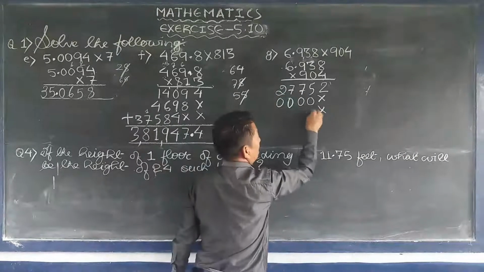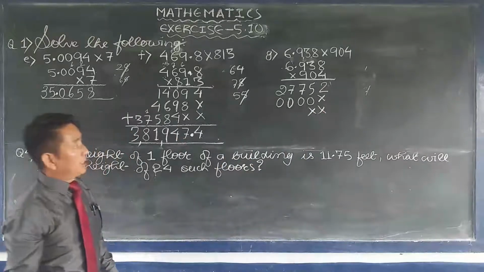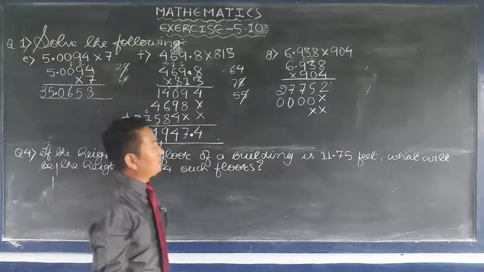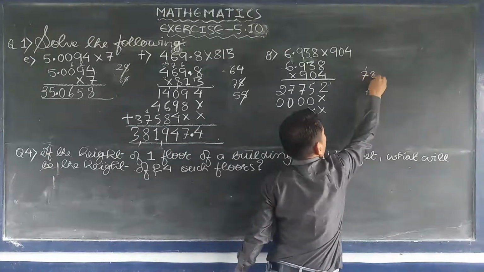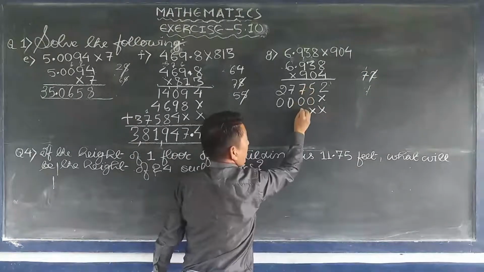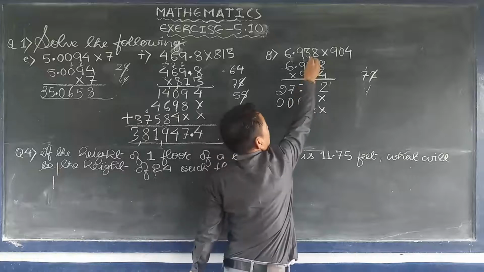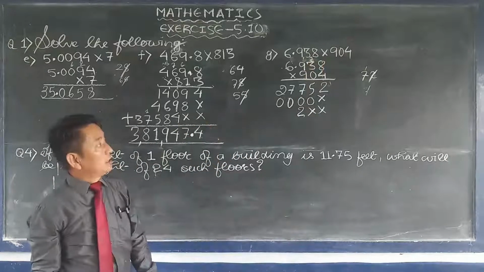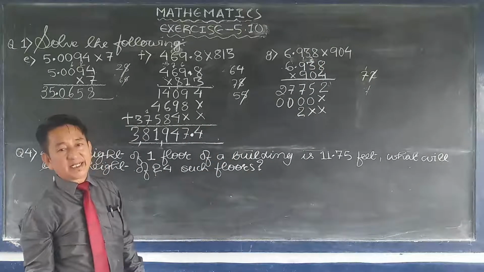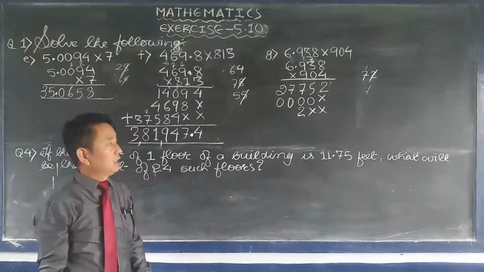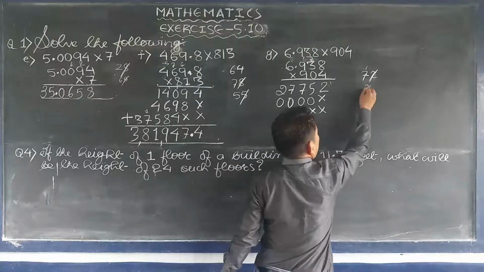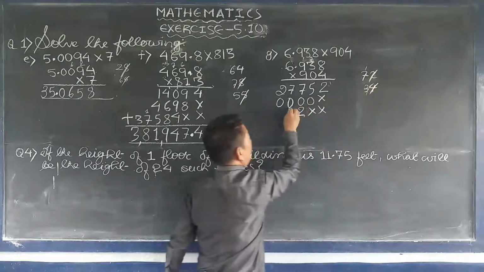Now here 6.938 is multiplied by 9. 9 8s are 72. We'll put this 2 here straight. 7 carry on here. 9 3s are 27. 27 plus 7, 34. We'll write 4 here.